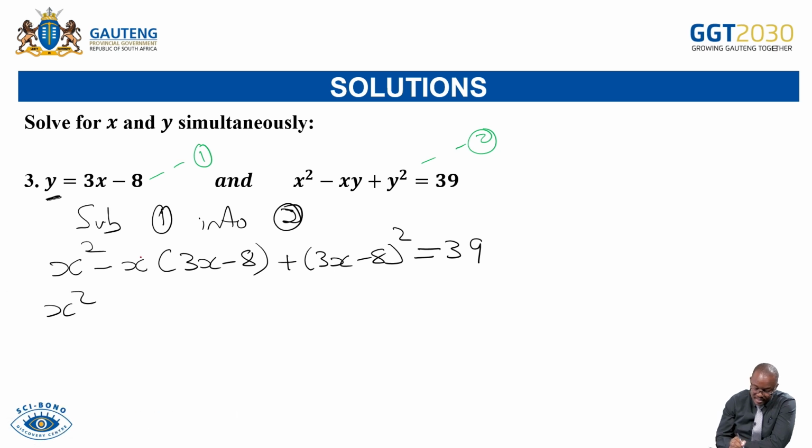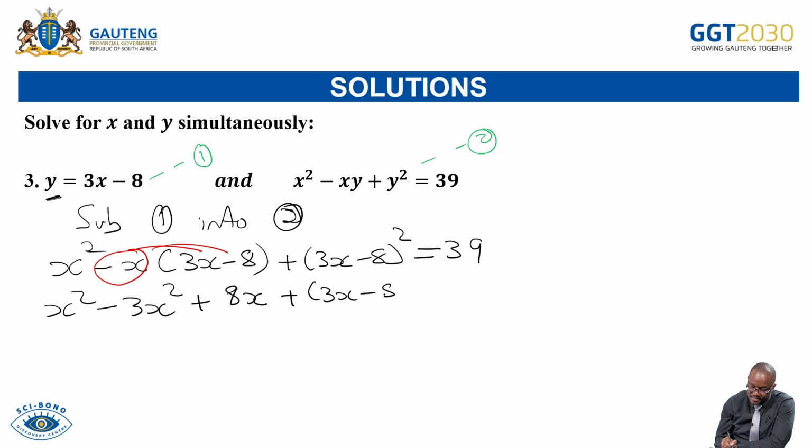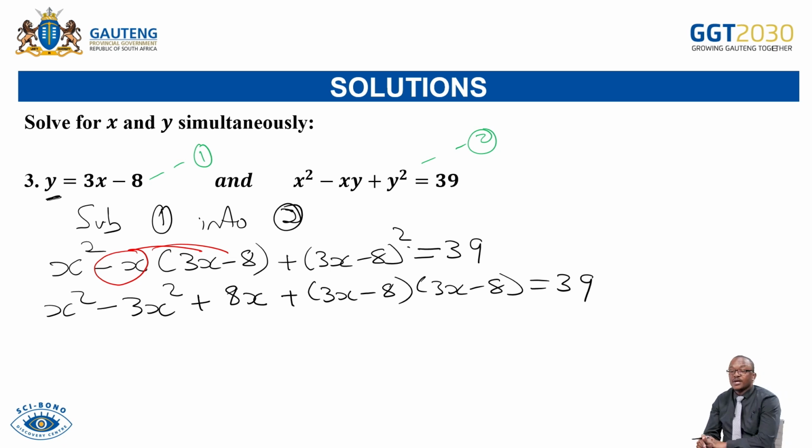When we multiply by negative inside the bracket, we are going to have negative 3x squared plus 8x. Then we have positive 3x minus 8 squared is equal to 39. Remember, squared, we have to open 2 brackets.